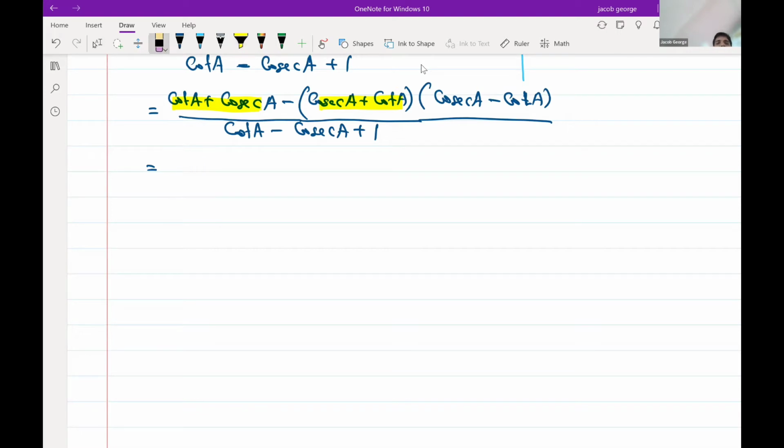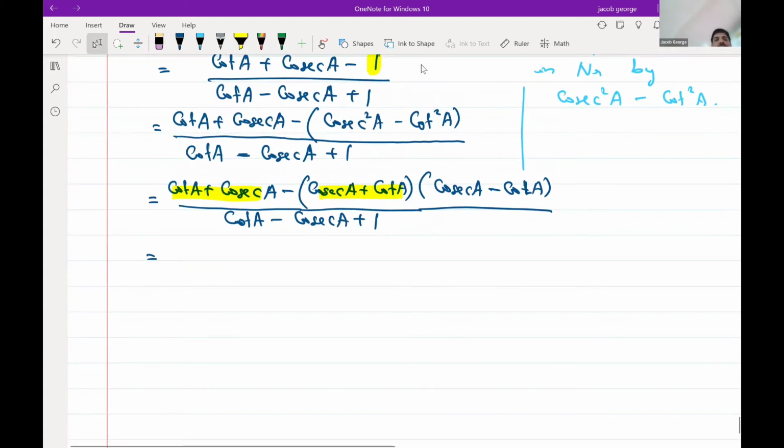So the numerator 1 is replaced like this, and then we have factorized. Now I take the common factor, cosec A plus cot A, into, in bracket, the first term will become 1, because cot A plus cosec A is taken outside, which means divided by that.